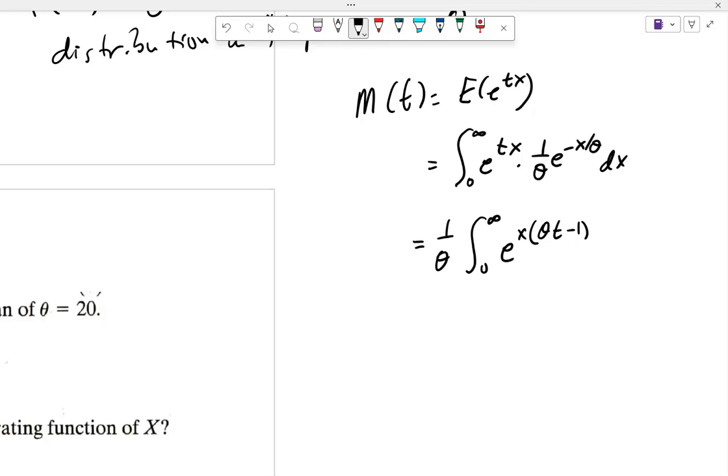I'd have to multiply this one by theta over theta, and then factor out the x, or factor out the x and then do it. Doesn't matter which order you do it in. What do you get for an antiderivative? Good.